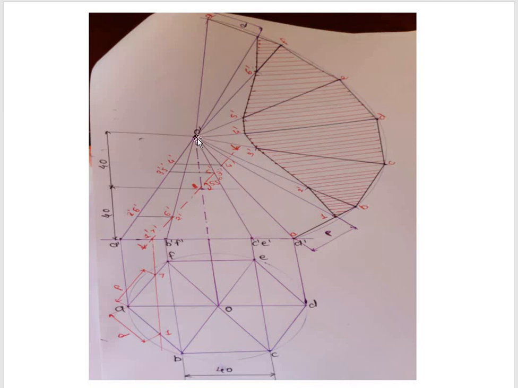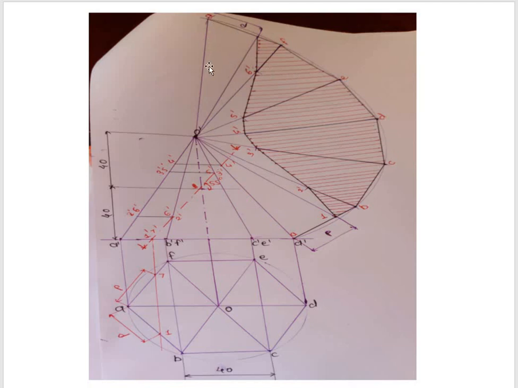After that you have to complete the development of lateral surface. Again, O dash D dash is the true length. Take the distance in the compass, make an arc. After that take the side 40 mm as they have given. Make 6 parts, as this is a hexagon.